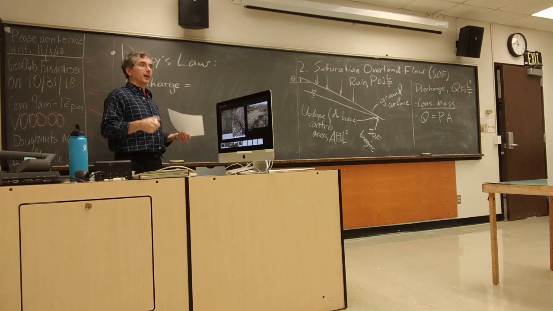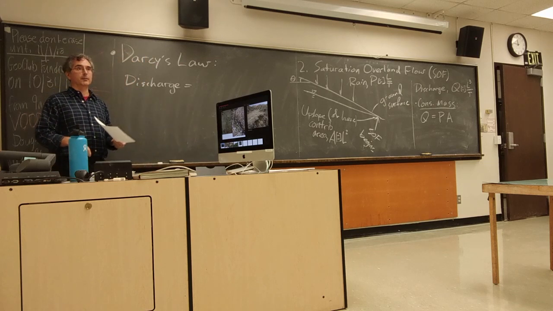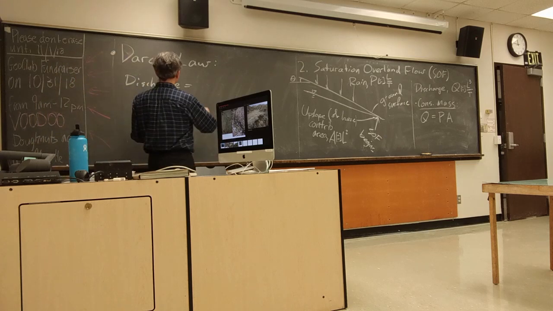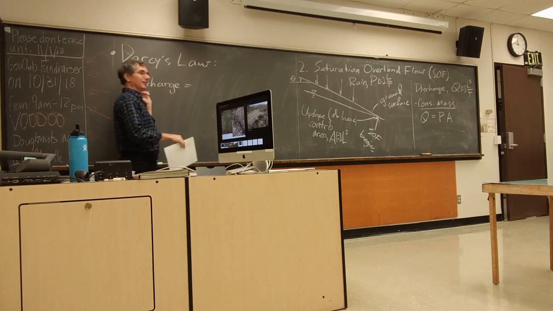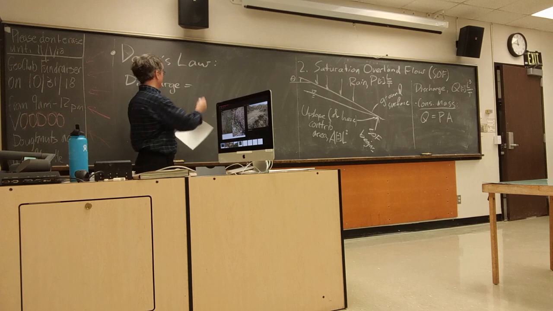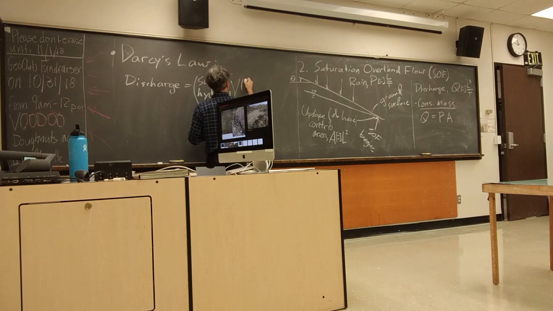And that constant of proportionality is this thing called hydraulic conductivity, or saturated hydraulic conductivity, or KSAT, that I just erased. So if I'm trying to get discharge, let's take one thing at a time. The volumetric flow rate is my saturated conductivity times the head gradient.